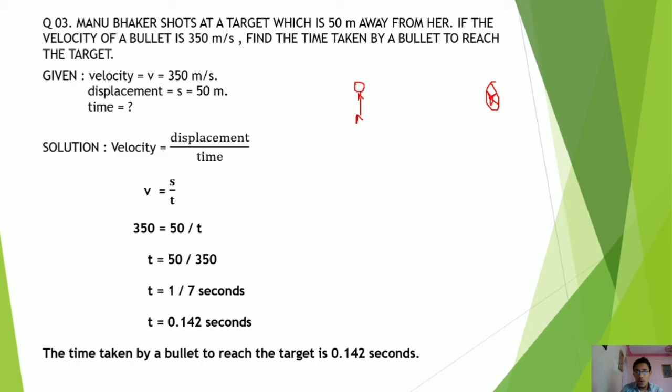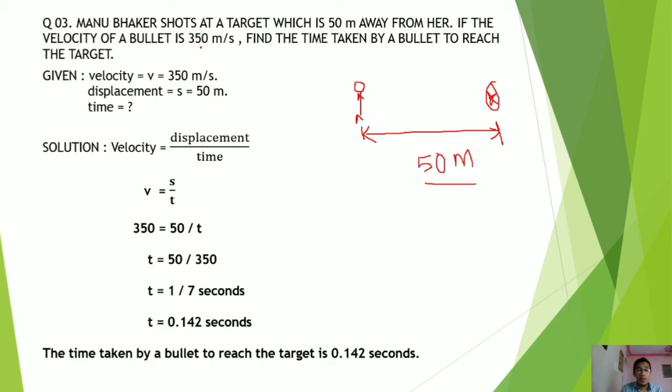She has the pistol with her and she is going to fire a bullet at that target. The distance between this girl, Manu Bhaker, and the target is 50 meters. So you have been provided with the displacement.